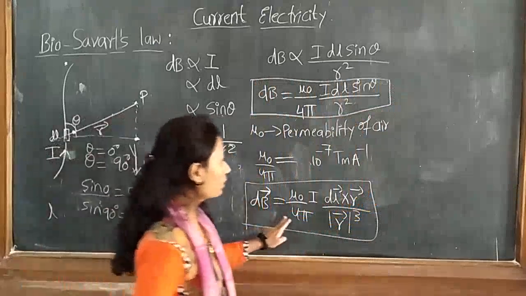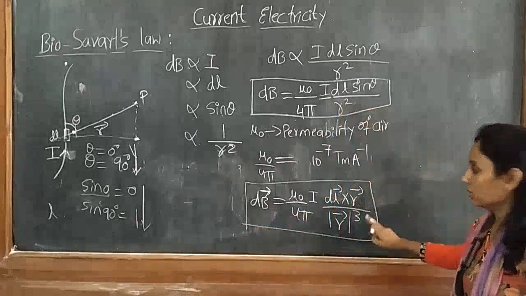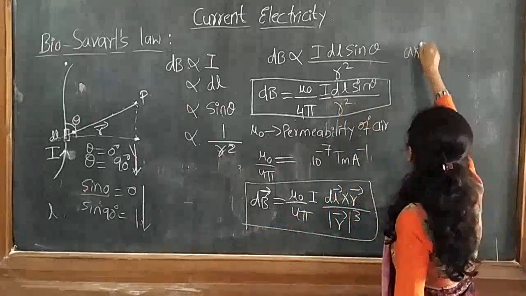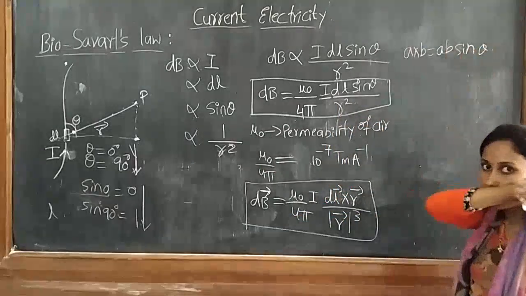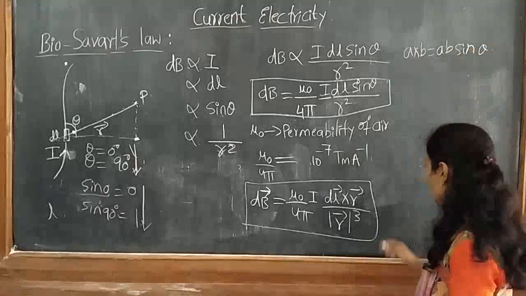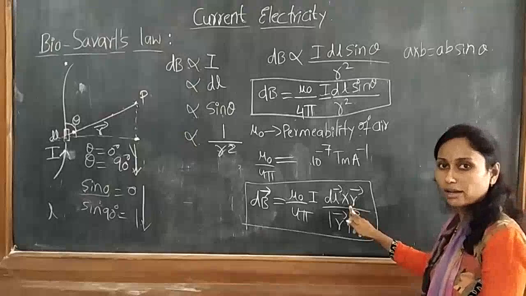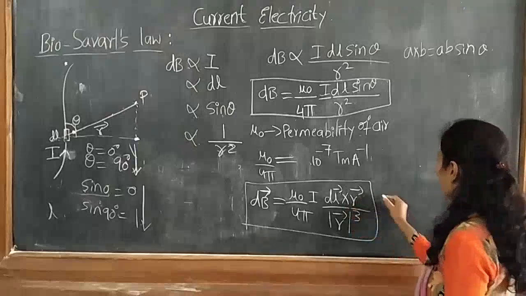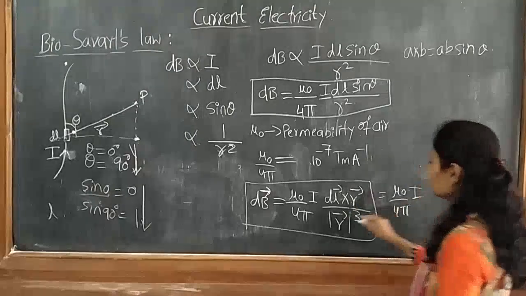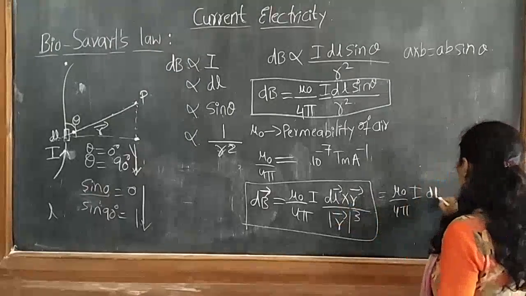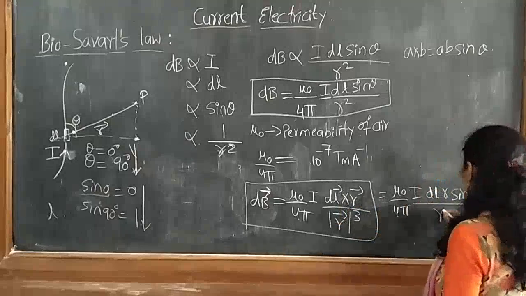Okay. Now coming to the point, how can we get the magnitude and the direction. As we know, A cross B is equal to AB sin theta. Here dl cross r is there, which means dl into r into sin theta. So what will we get? Mu naught by 4 pi, I will be as it is. This becomes dl r sin theta, divided by r cube.